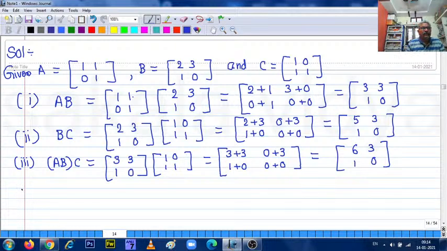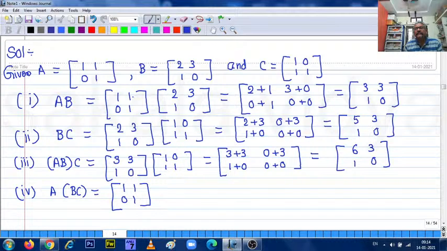Next, the fourth one is A into BC. What is A? 1101 multiplied with BC. BC is 5310. So now what do we get?